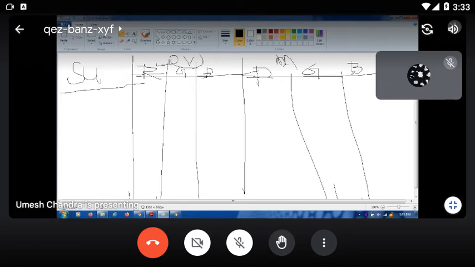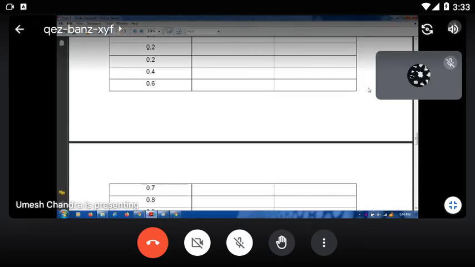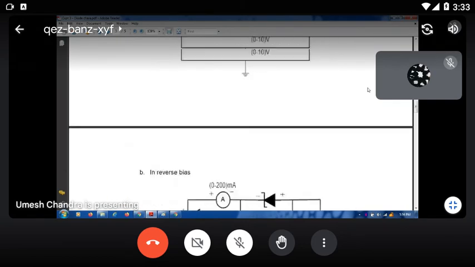Then after that, you plot the graph. Then you calculate the DC resistances and the AC resistances, and in the Zener diode you find out the breakdown voltage in the graph paper. Okay.